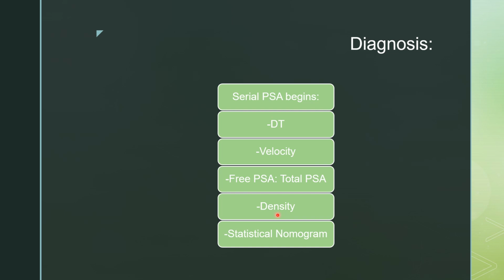Some authorities will not even bother themselves about PSA density or not. Some will do something called the PSA and then the transition zone of the prostate gland will be taken.